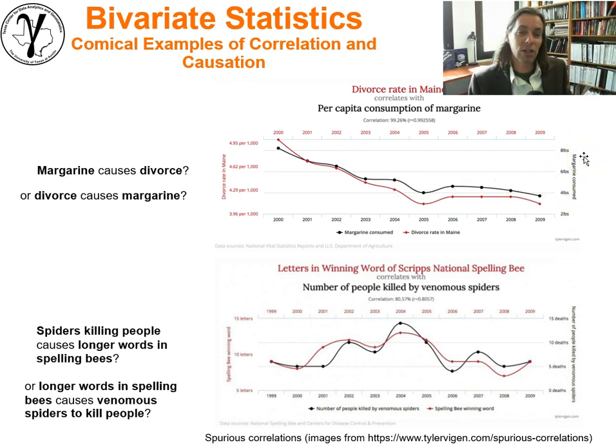Can we say margarine causes divorce? Or maybe divorce causes margarine? I'm not sure. The frequency of spiders killing people can be related directly, with a pretty high correlation of about 0.80, to the length of the words in a national spelling bee. Okay, so you can see there are all kinds of opportunities here.